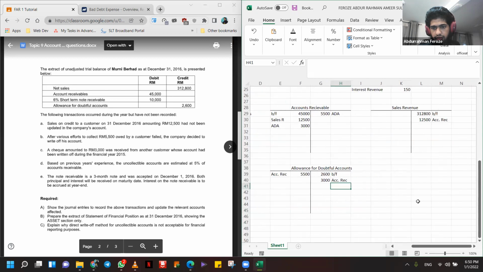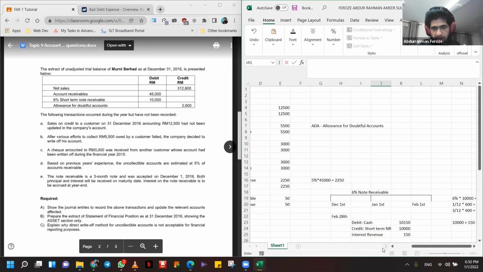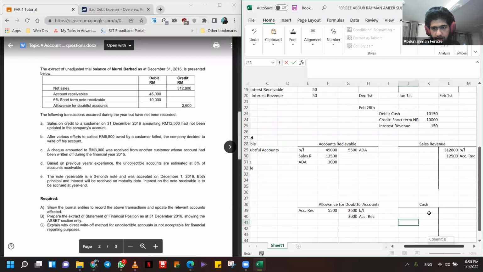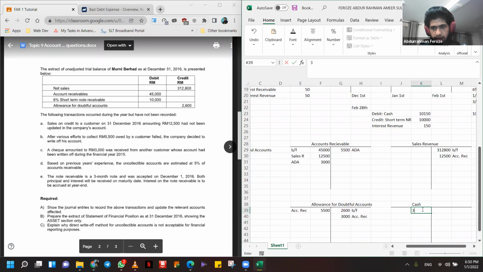Just create one for cash. We don't really have a brought forward value because they haven't given us what the cash brought forward value is, but let's just show it anyway. So debit cash 3,000 and credit account receivable 3,000.